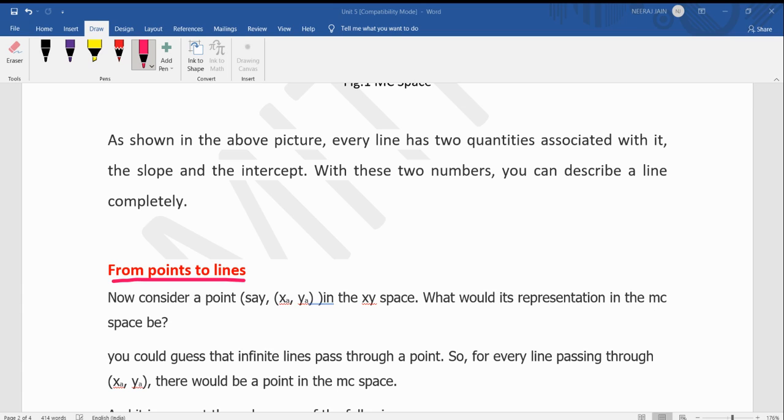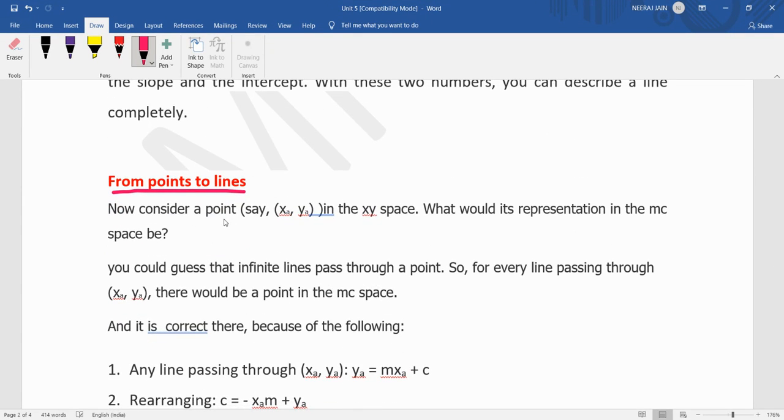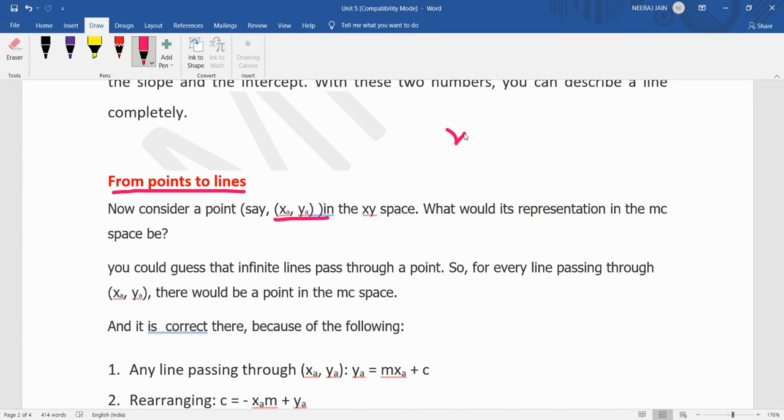Now the reciprocal thing is how a point is represented as a line. That is a different thing, and that can be done. Now consider a point (xa, ya). Suppose (xa, ya) is our one point in the xy space. Now we want to represent it in the MC space.